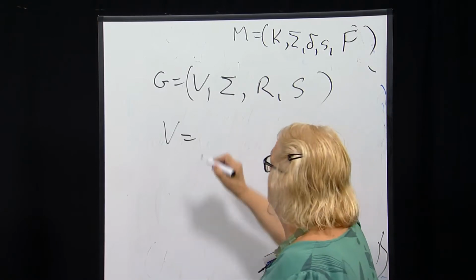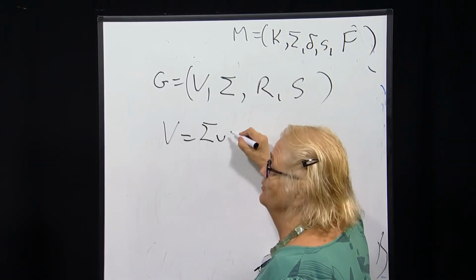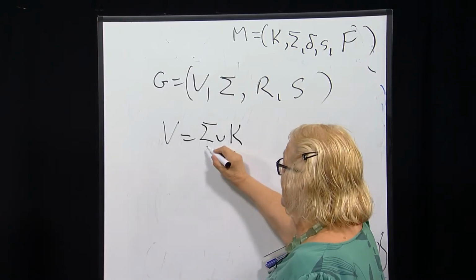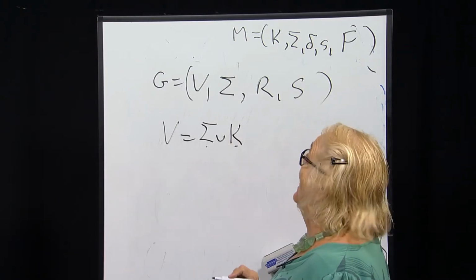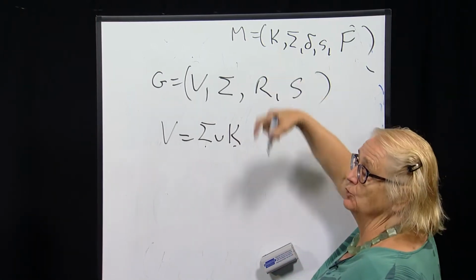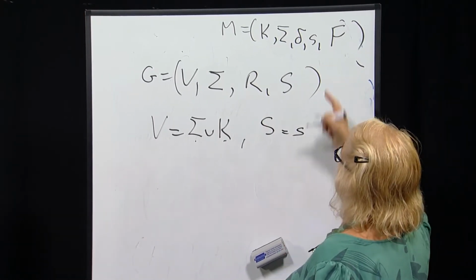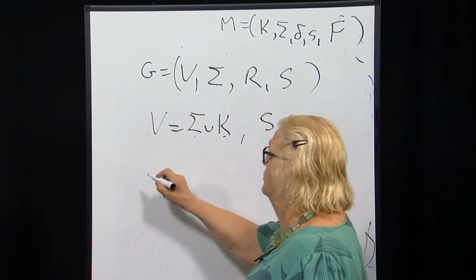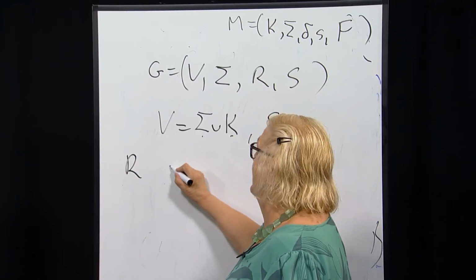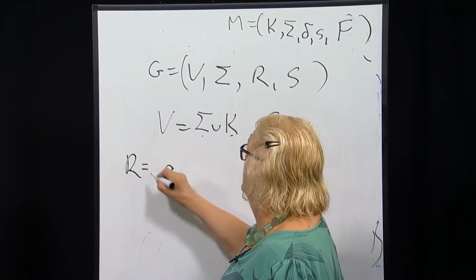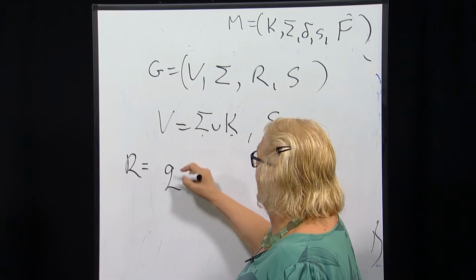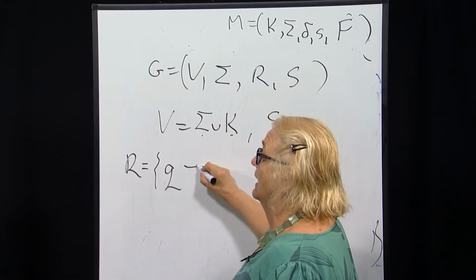So now V would be sigma union K, where sigma is terminal and K, the states of the automata, would be non-terminal, and S would be the initial state of the automata. The rules would be that I am in a state Q, so now non-terminals are our states.